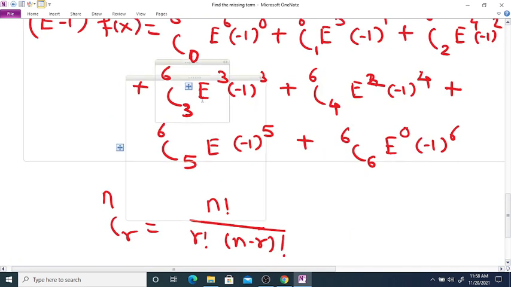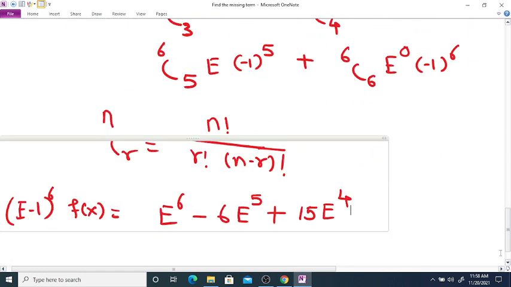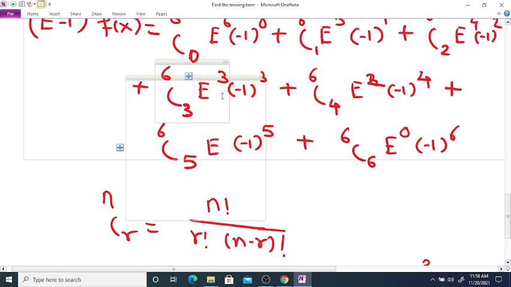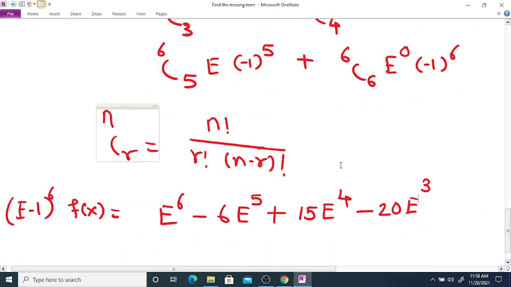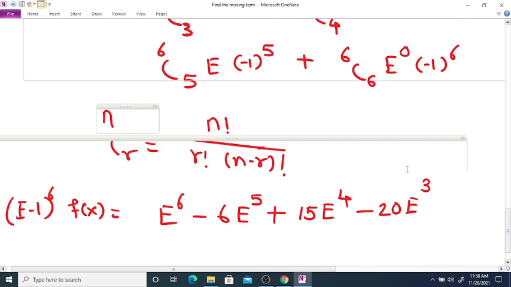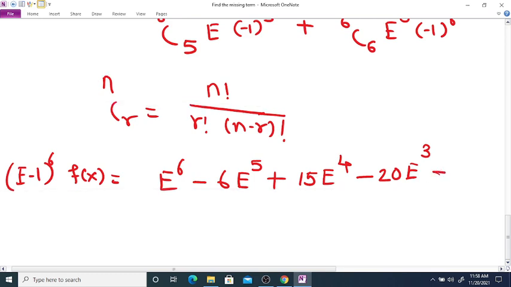Next the 6C3 is equal to, if you solve by using a calculator, 20, so it is 20 e^3, and (−1)^3 is minus, so minus 20 e^3. Next 6C4 is again 15, e^2 (−1)^4 is 1, so it is 15 e^2.